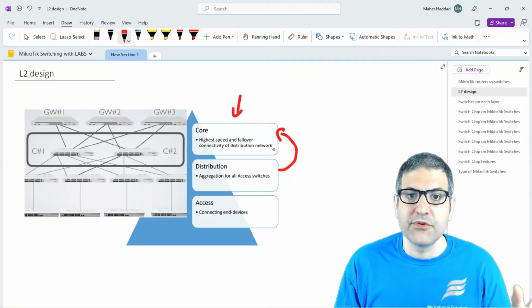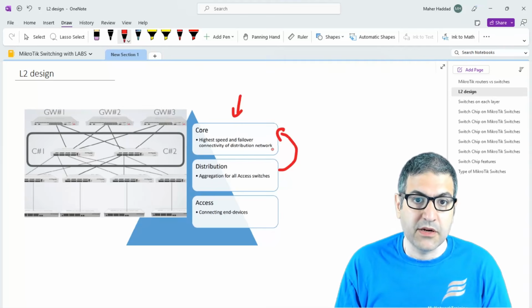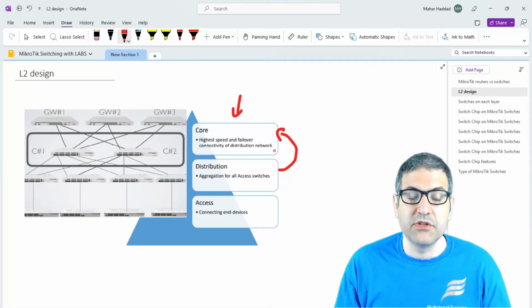So if you want to connect directly to end customers, so the access layer, then you buy a normal small switch, and you don't have to pay for the one which is normally used for the core layer. All right, so MikroTik provides you different types of switches. You can choose the smaller ones and put them on the access, a bit bigger ones on the distribution, and the biggest ones on the core layer. So now we understand about the design.